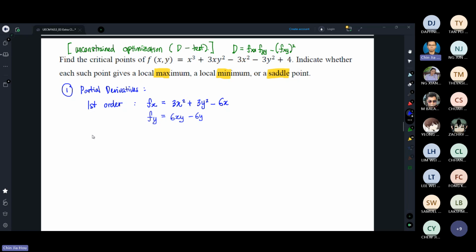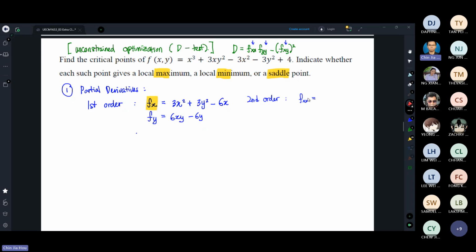Then you also need the second order. So for second order, you need fxx. Refer to the formula here: fxx, fyy, fxy. So we need 3 of them. So you try to find fxx, taking the fx here.